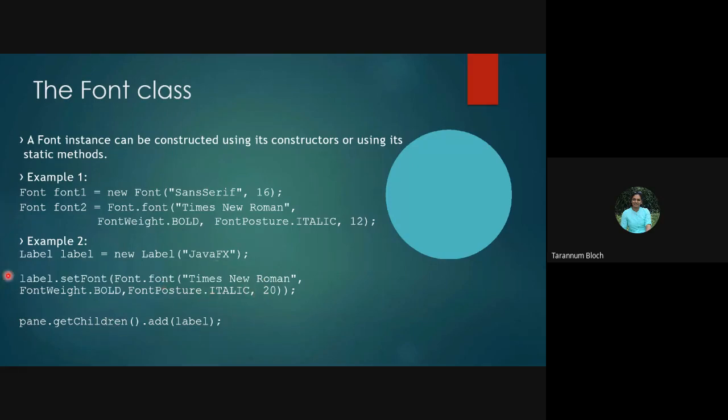Over the label you are calling the font, so label.setFont. All these properties will be set for this label. And you can use a pane: pane.getChildren().add(label).